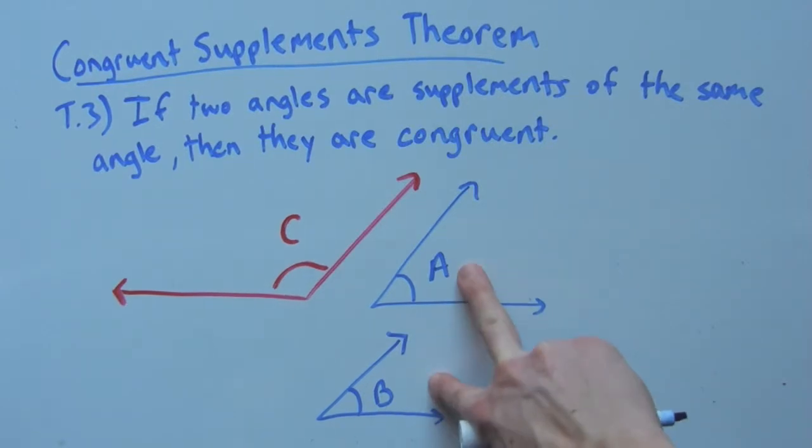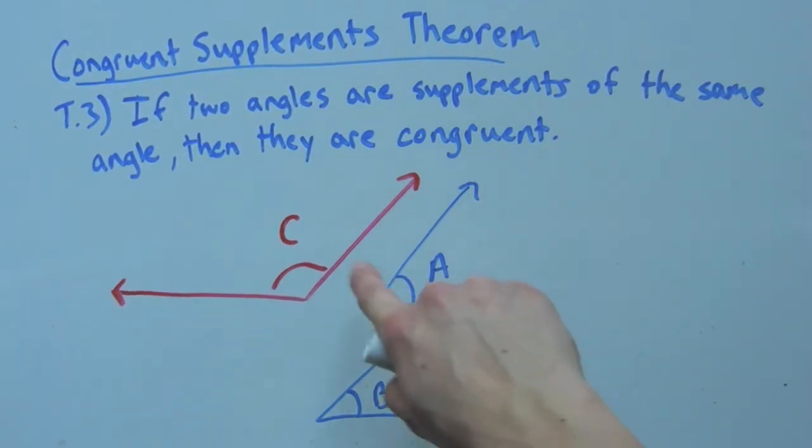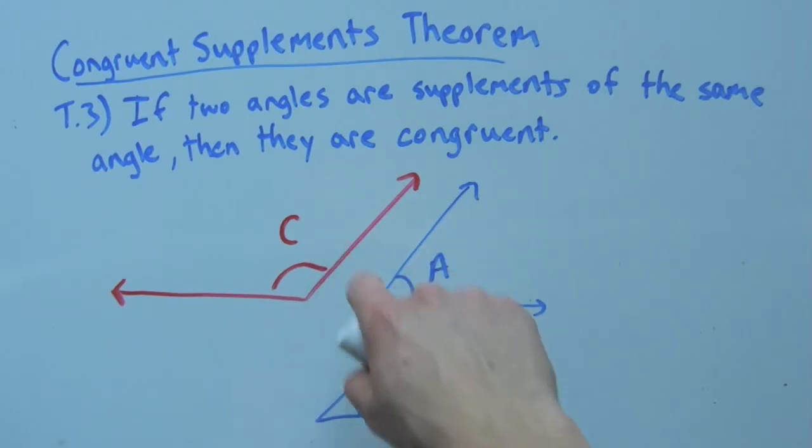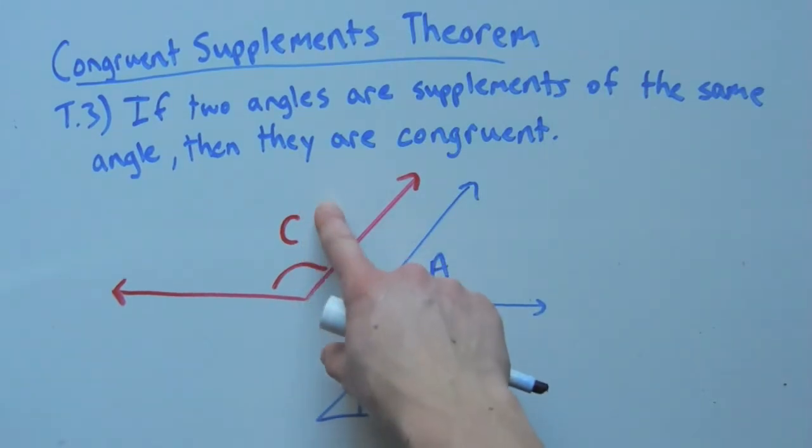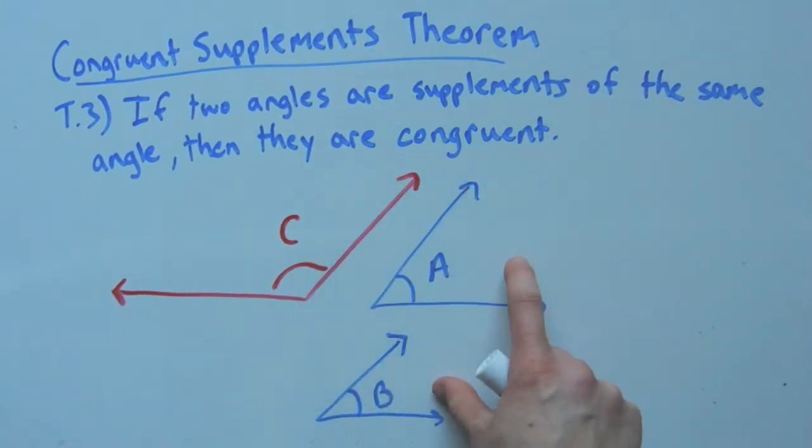So these two angles are supplements of the same angle, and since they're supplements of the same angle, they're congruent. And that's what we're going to prove for this theorem.